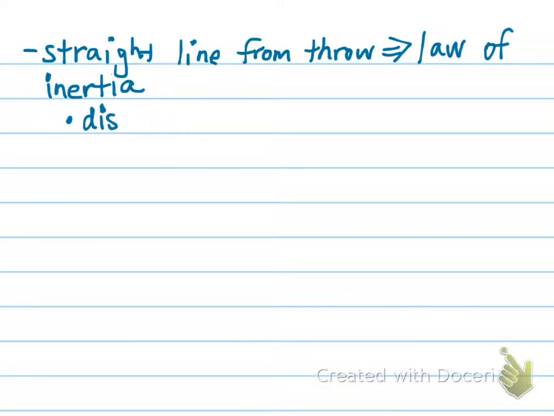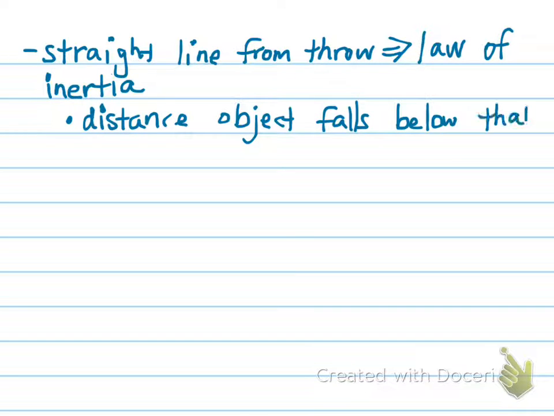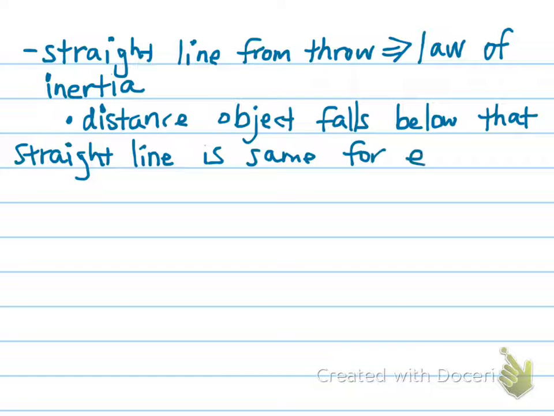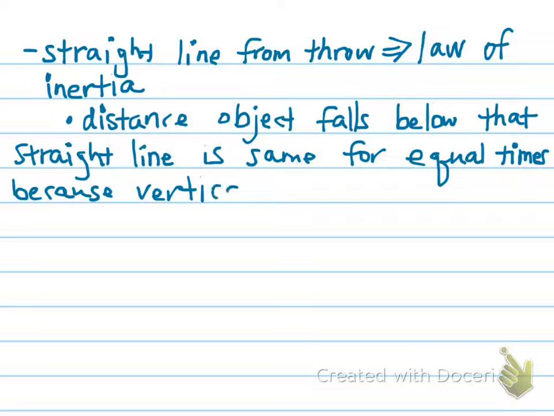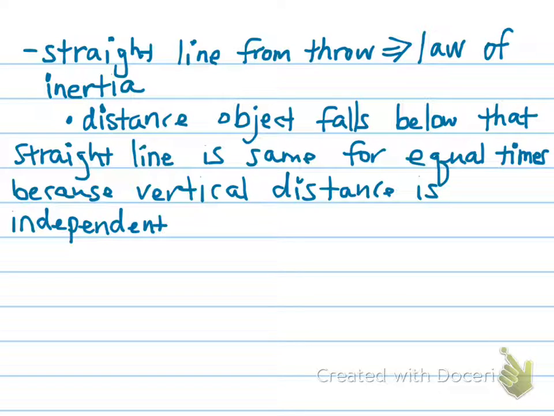Now, the distance the object falls below that straight line is the same for equal times because the vertical distance is independent of what's happening horizontally.